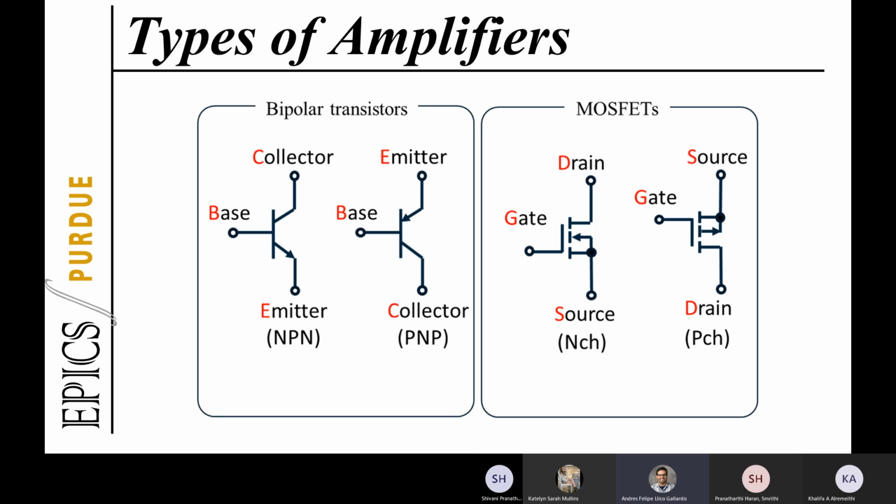And once again, drain and source are flipped to indicate their configuration is going to be different. So the same rule applies here. Whenever you're looking at any circuits that might use MOSFETs, keep that in mind so you pick up the right one and connect it properly.